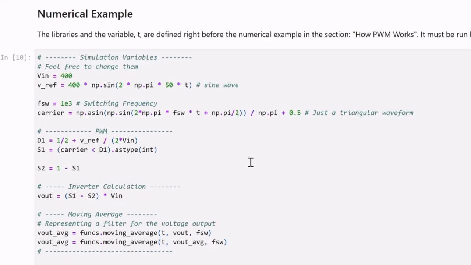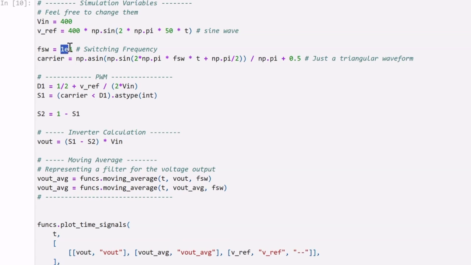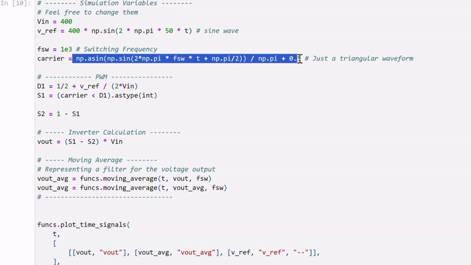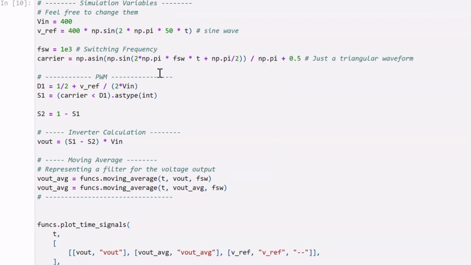So in this example, we have an input voltage of 400 volts, and then a reference voltage, which is sinusoidal, with an amplitude of 400 volts as well. And then we have a switching frequency of 1 kilohertz, and then a carrier, which is a triangular waveform. So this is just a fancy way of writing a triangular waveform with a frequency of the switching frequency.